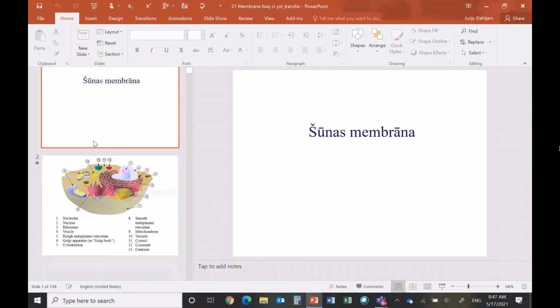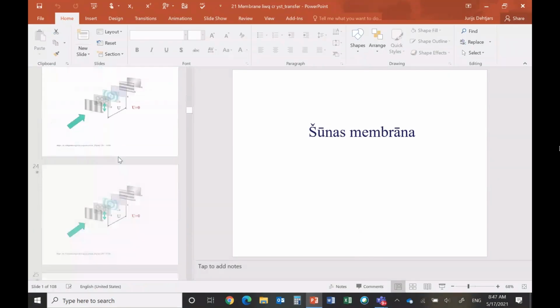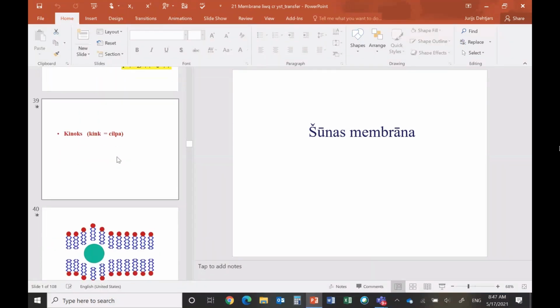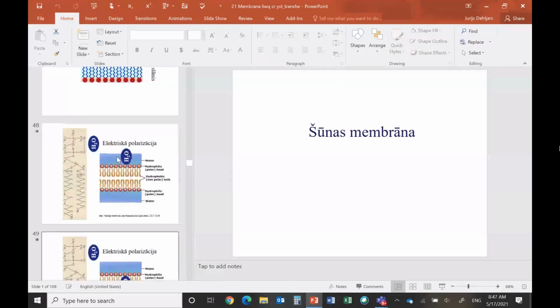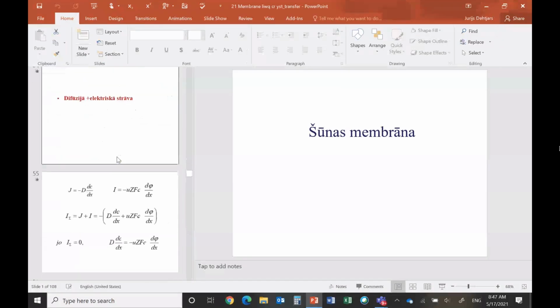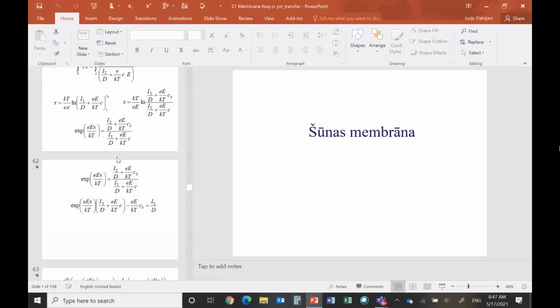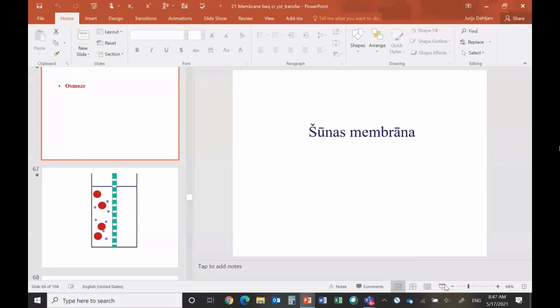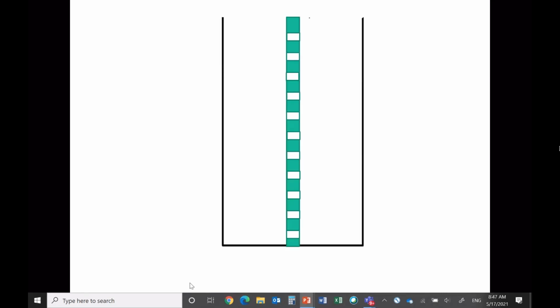So, osmosis. Let's assume that we have some vessel, and we have a membrane within the vessel.